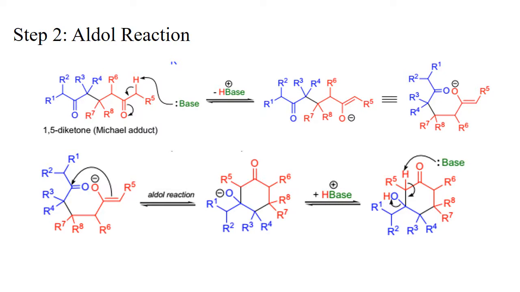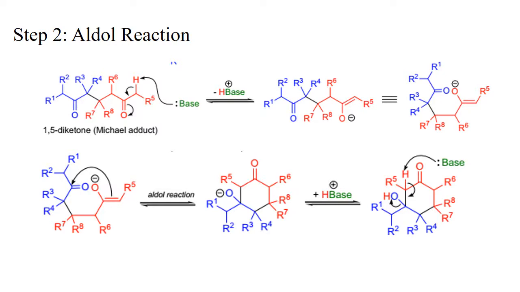This anion, the negatively charged oxygen, is brought closer to the carbonyl carbon to make the attack at the carbonyl center feasible. What happened? The enolate attacks the carbonyl carbon and gives us this oxyanion.